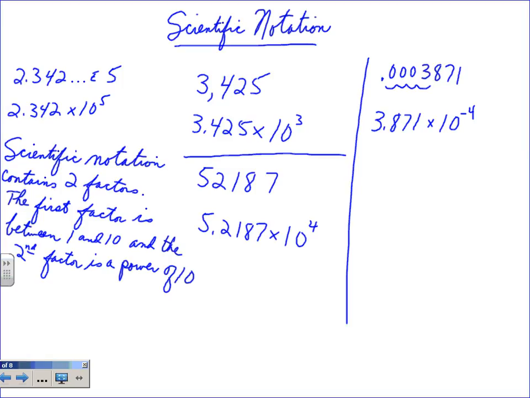All right. Let's go the other way. Let's take a number like 1.3852 times 10 to the 7th.